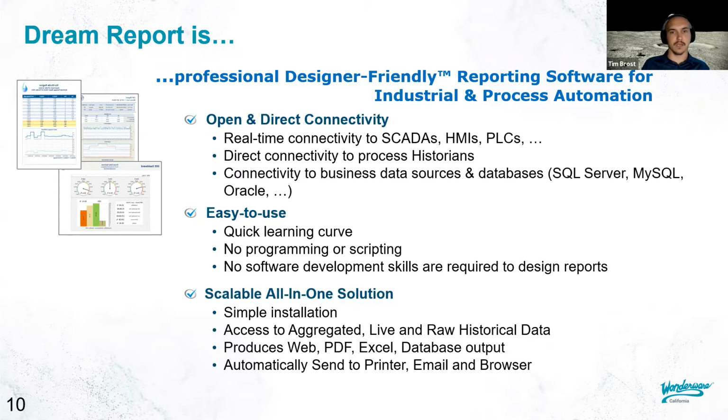That means not just AVEVA products, but either open protocols like OPC or ODBC, as well as other historians and other SCADA solutions. I think they have upwards of 80 or 90 drivers within the product.